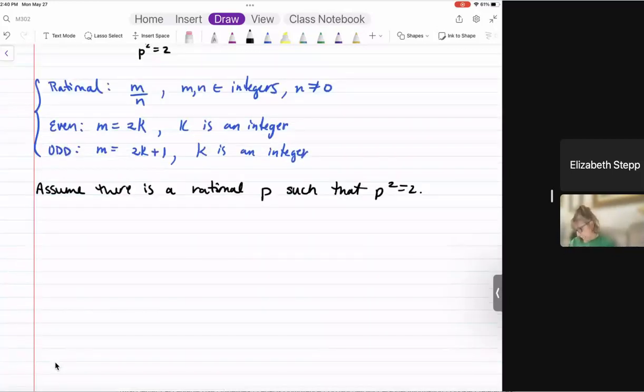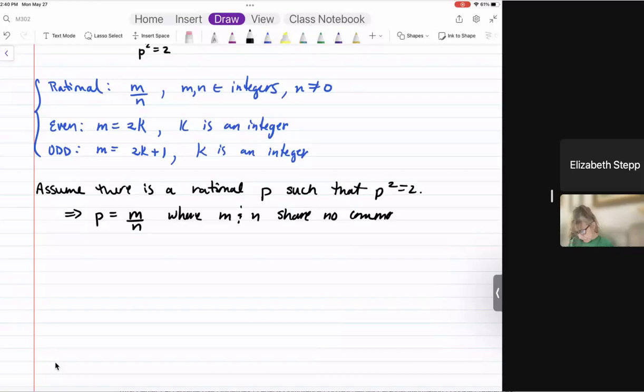That means that p can be written as a ratio of integers, and we're going to make the condition that m and n share no common factors. Because if they did share common factors, all we would have to do is reduce it and define a new m and n.